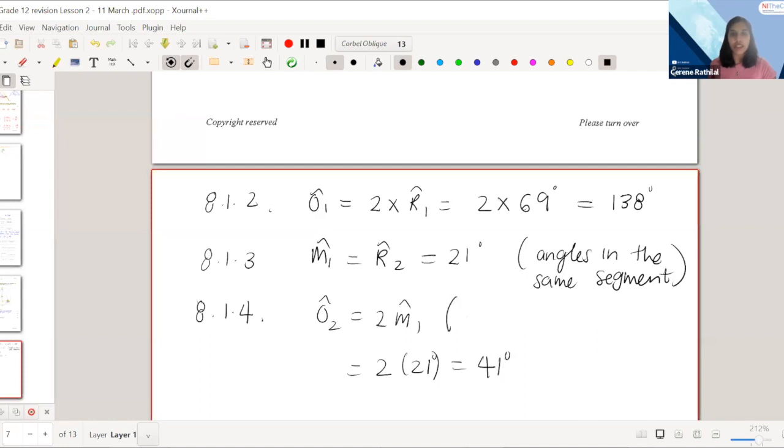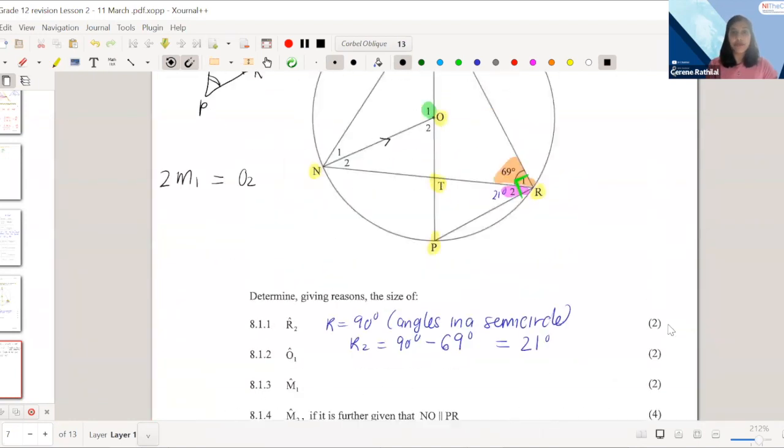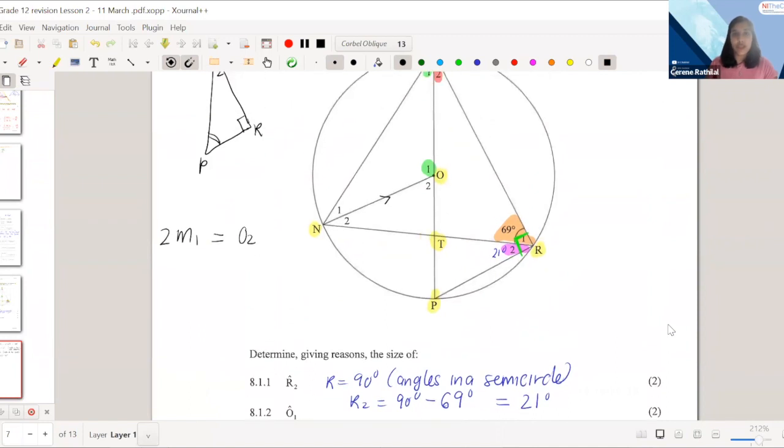And how did we see this? Because of angles at the center, right? So I hope everybody followed that. So I now know that O2 is 42 degrees.